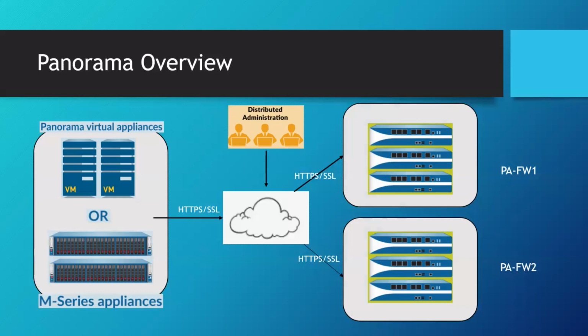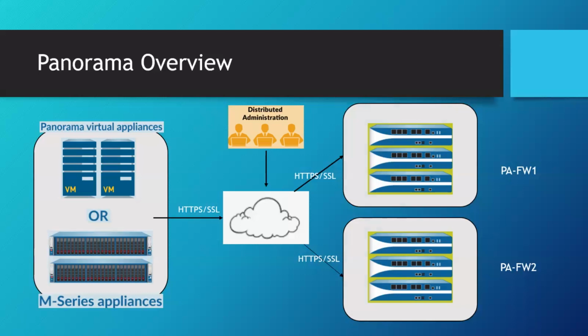So now the same users can log into your Panorama, and from there you can push the policies to the different firewalls over the globe. Or you can push policies at the same time to all the firewalls depending on the device group and templates. We will talk about that in a few slides from now.